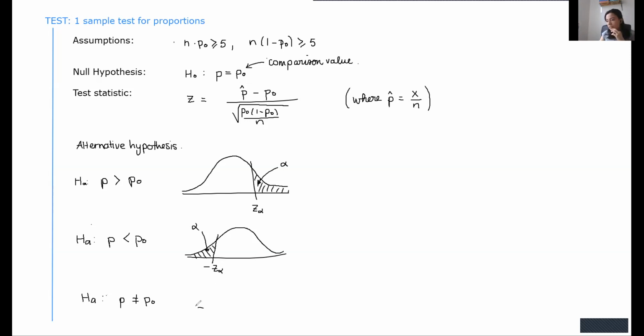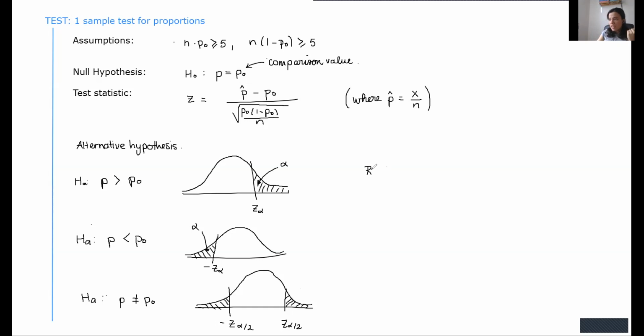Then I'll have enough evidence to contradict my null hypothesis if I have either a very small value or a very large value. So this would be minus Z alpha over 2 and Z alpha over 2, because again, I can only look at the extreme alpha percent, so the sum of these two should be equal to alpha.